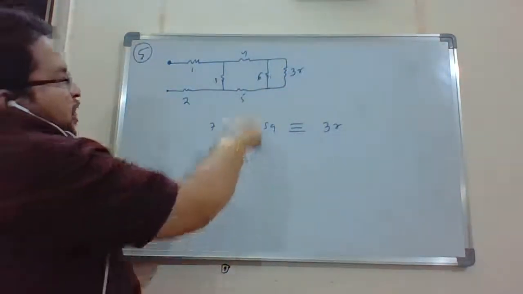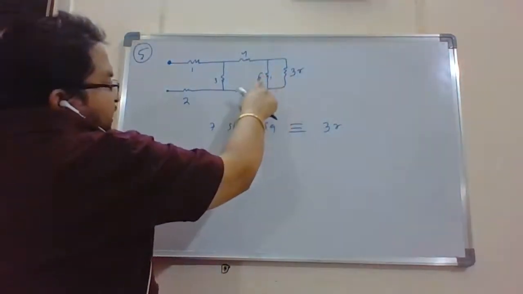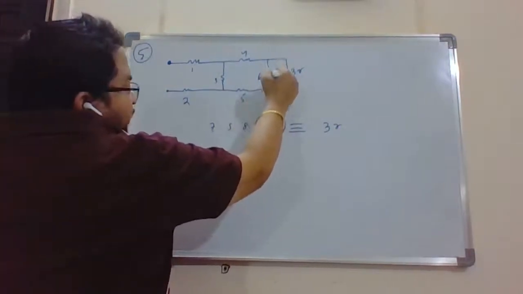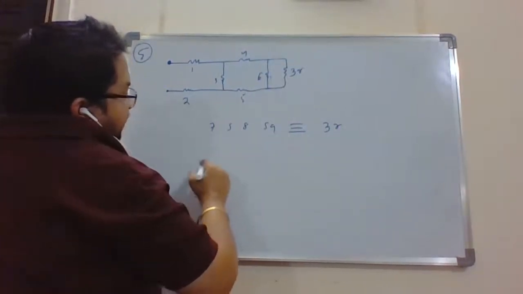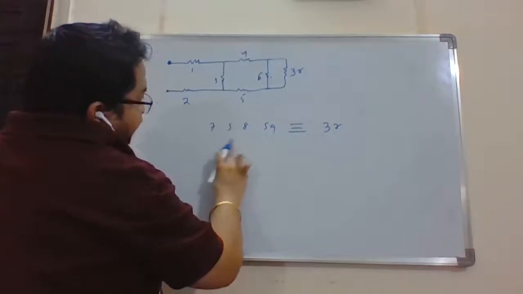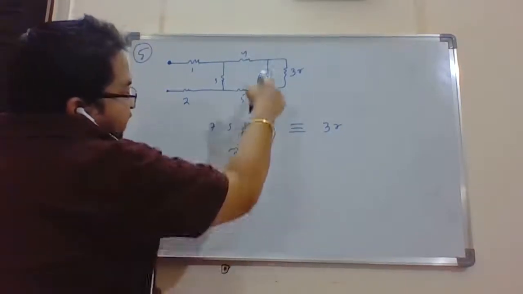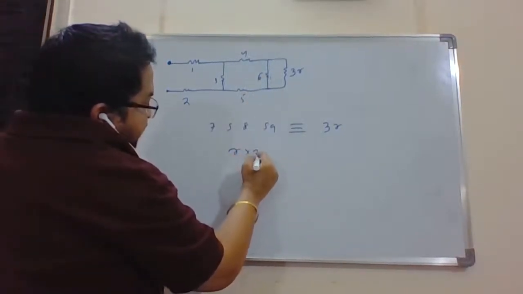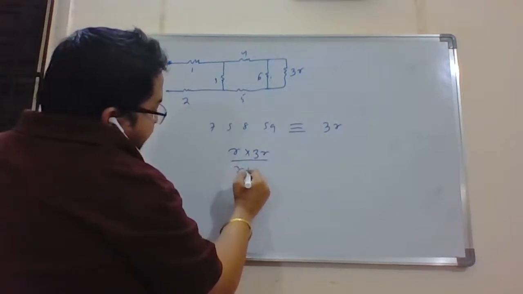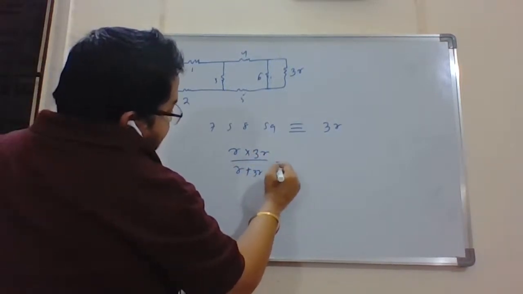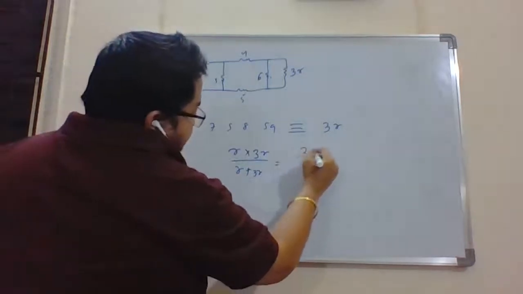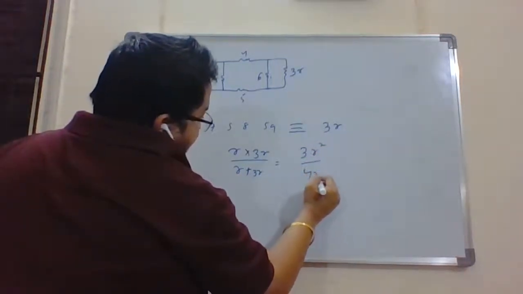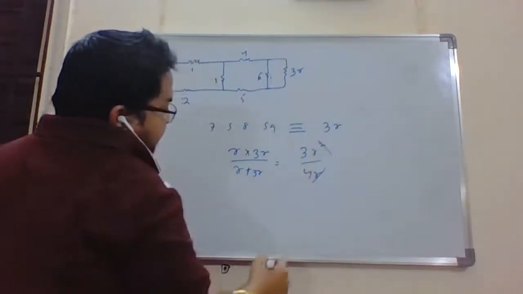Okay, so if here is a 3R and here is an R, obviously these two are in parallel. So 6, or your R, is in parallel with 3R, so R into 3R by R plus 3R. That is nothing but 3R squared by 4R, R and R get cancelled.